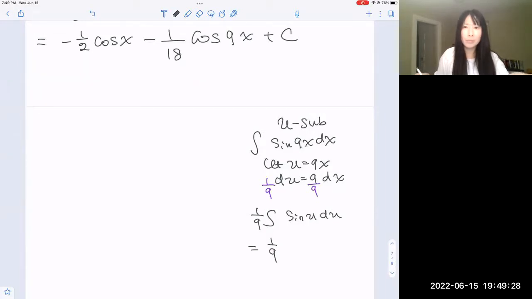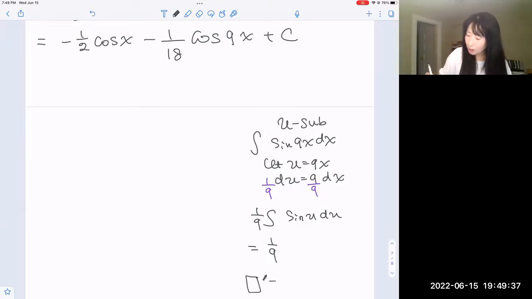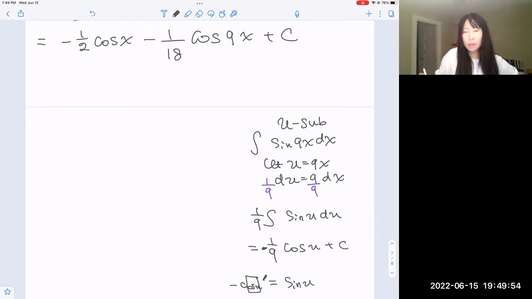If we take the derivative of something and get sine, what do you get? Negative cosine. Yes, so that's why we have a negative cosine. Okay, so is your question clear? Yes, thank you.